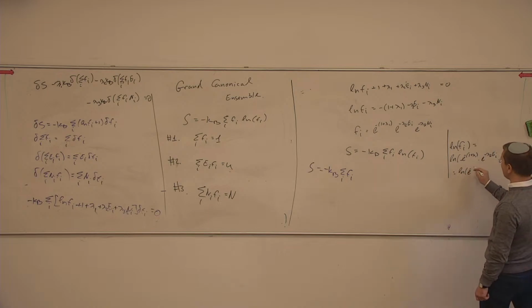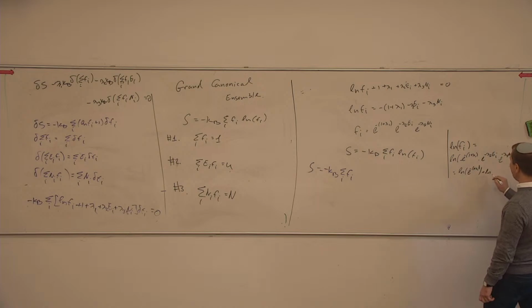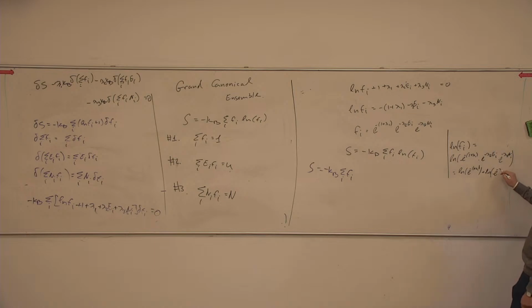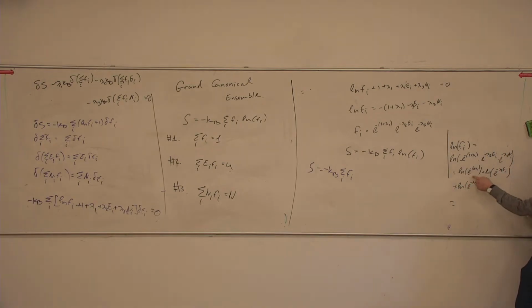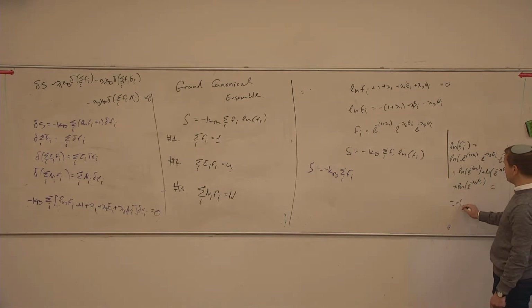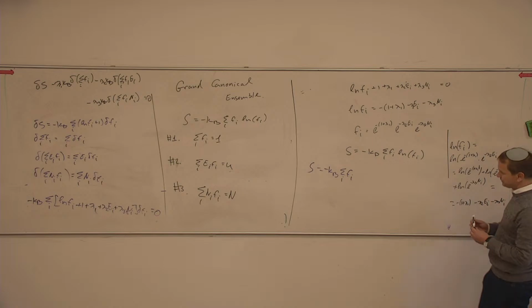Log of e to the power minus 1 plus lambda 1, plus log of e to the power minus lambda 2 EI, plus log of e to the power minus lambda 3 NI. It's a log of an exponent of something. So this is minus 1 plus lambda 1 minus lambda 2 EI minus lambda 3 NI.